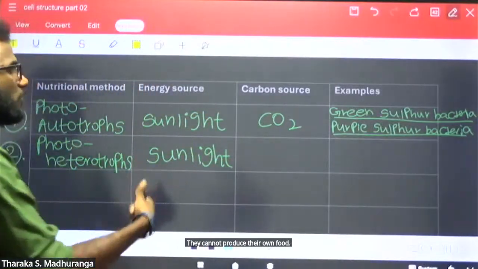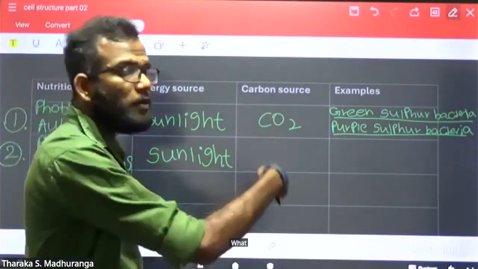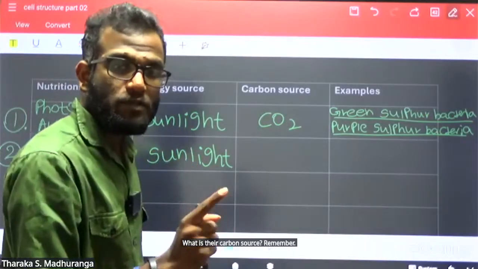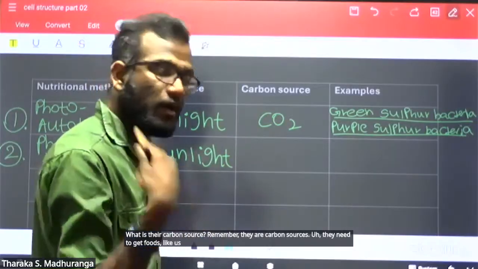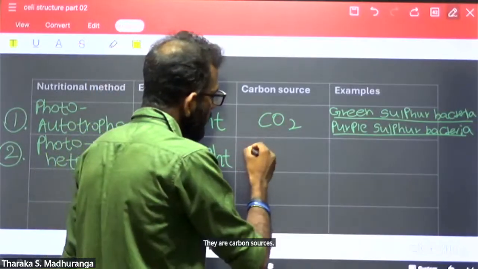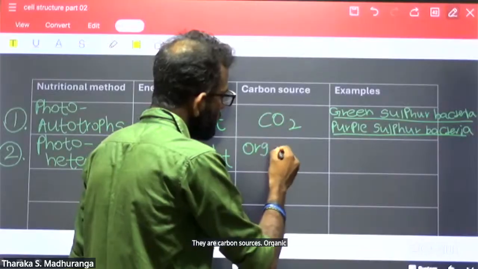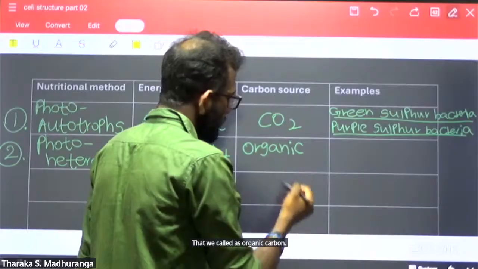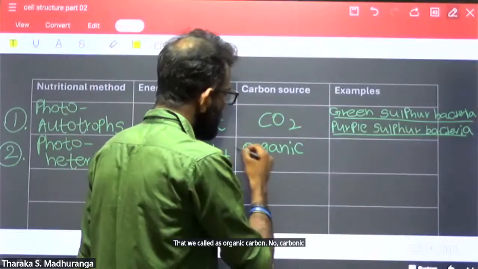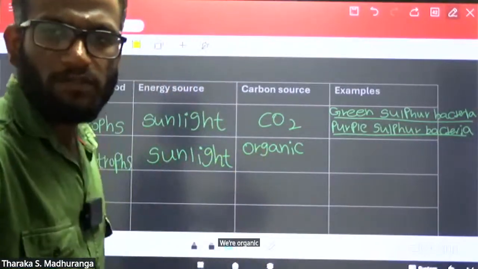Then what is their carbon source? Remember, they need to get food like us. Their carbon source is organic matter, which we call organic carbon.